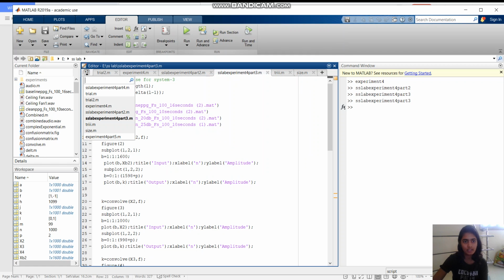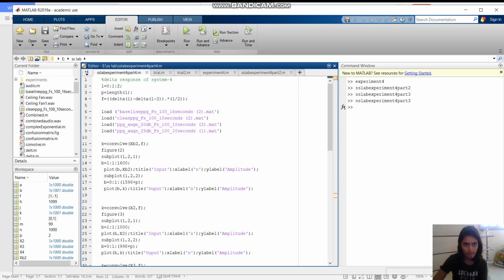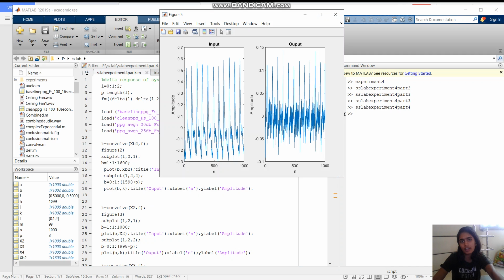Let us see the last part. The system is x[n] minus x[n-2], divided by 2. So again we define the length of the interval in which this function is non-zero, and then use the convolve function and get the outputs. Here also the high frequency component is returned as the output and the low frequency component is left behind.